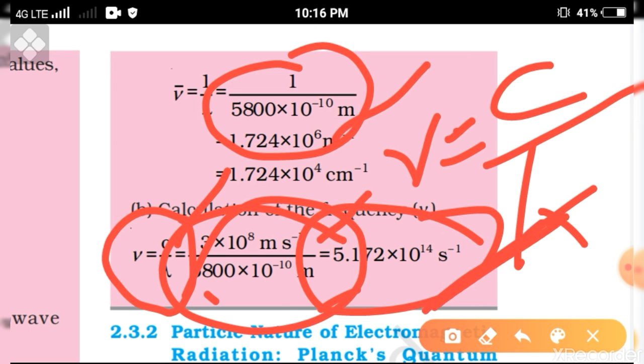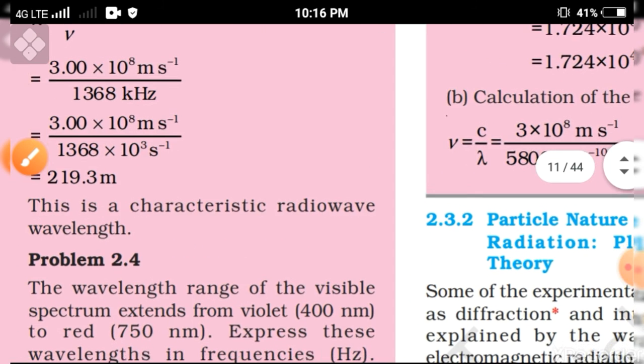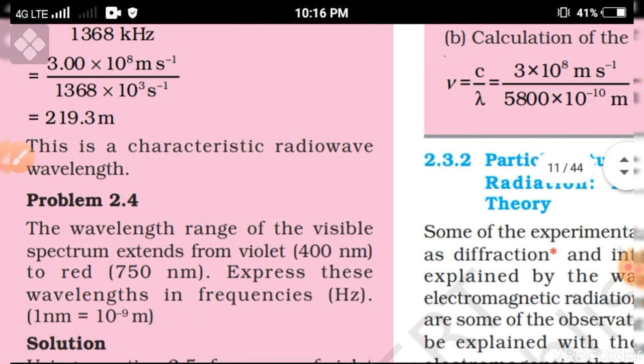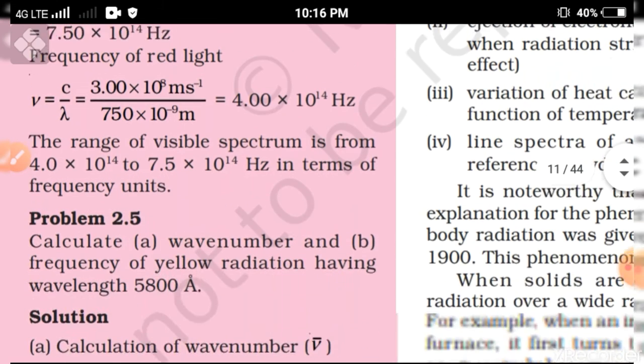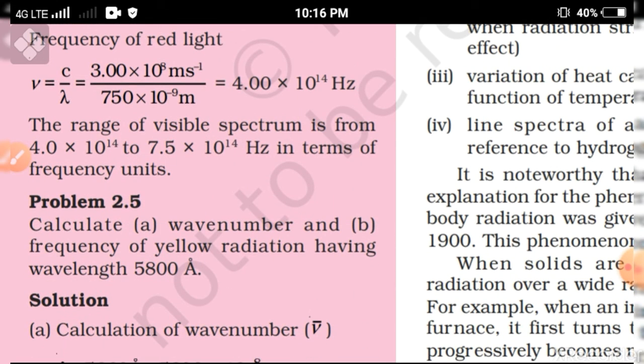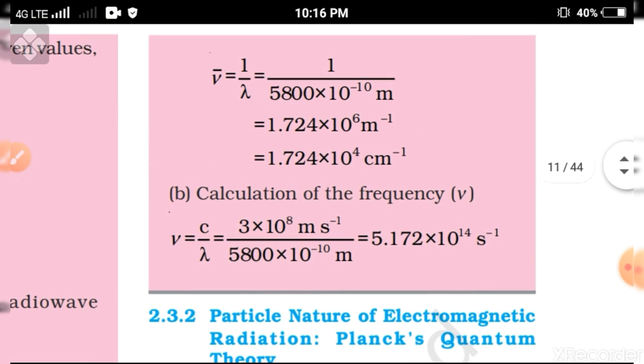So this is the frequency of the yellow radiation. In this way we get both the wave number and the frequency. No problem. I hope you all understand.